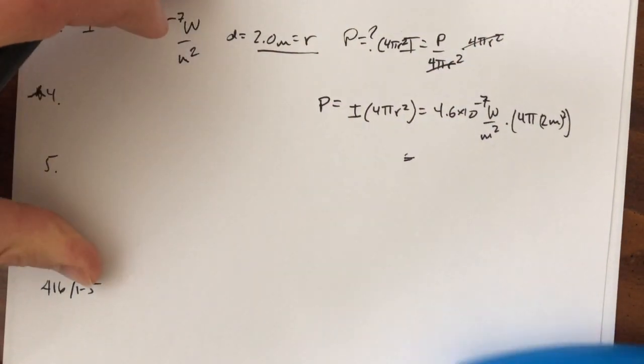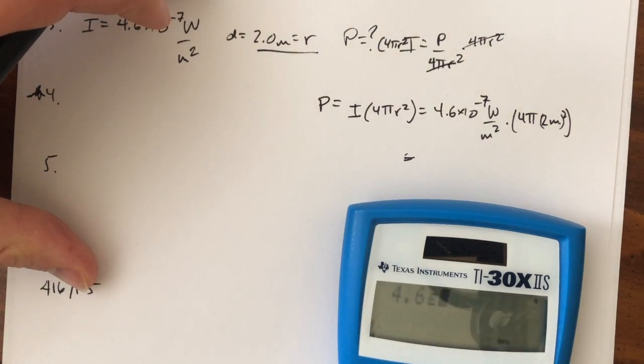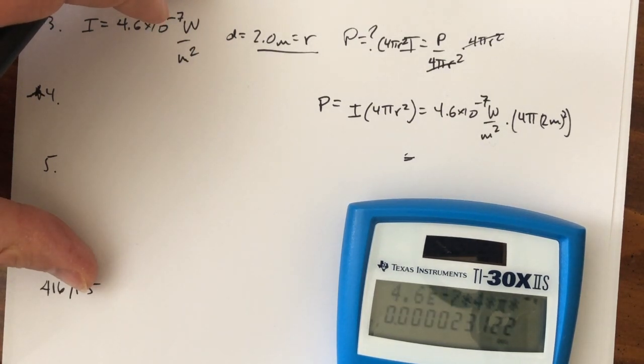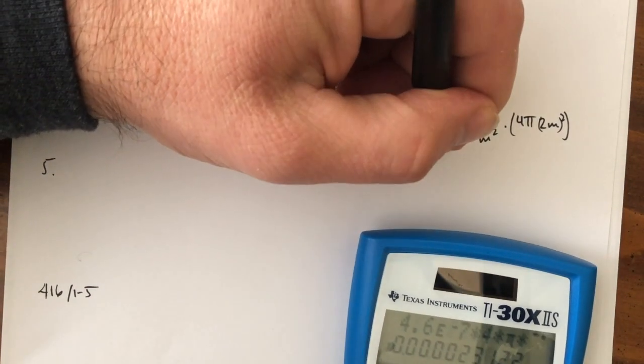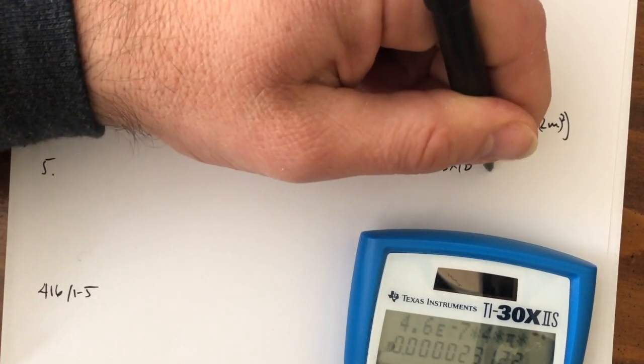And again, let's get the calculator out on that one. So 4.6 times 10 to the negative 7th times 4 times pi times 2 squared equals 2.3 times 10 to the minus 5th watts.